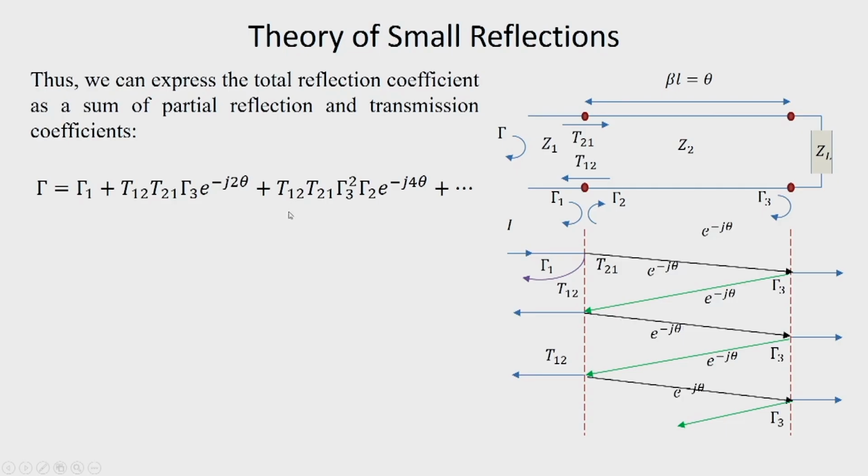So, we will have T12, T21, gamma 3 square, gamma 2, and total phase shift will be 1, 2, 3, 4. So, e to the power minus j 4 theta.